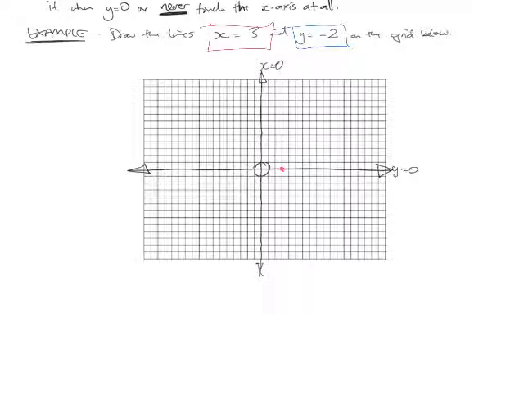I'm just going to draw some dots to help me draw the line. So that line looks like this. Obviously, you use a ruler to help you in real life to draw this line. I can't have a ruler on this screen. So that line is x is equal to 3.